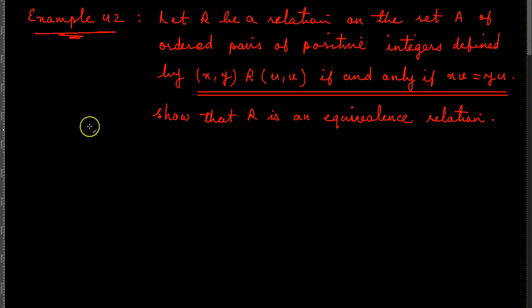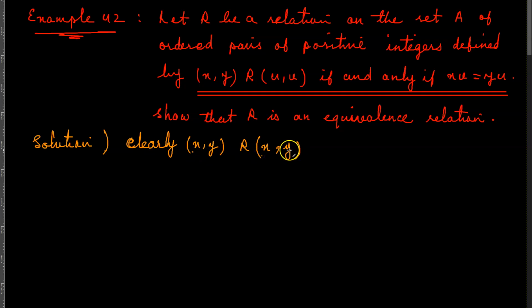I can simply report the solution to you, which is clearly that the ordered pair x comma y is related to x comma y, meaning that these two are related under this relation for every x comma y belonging to A.